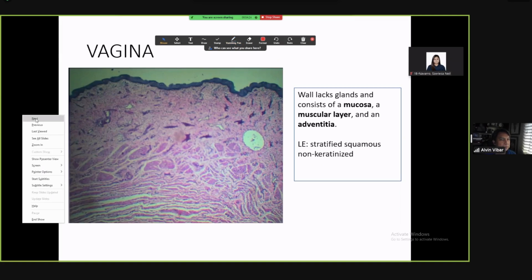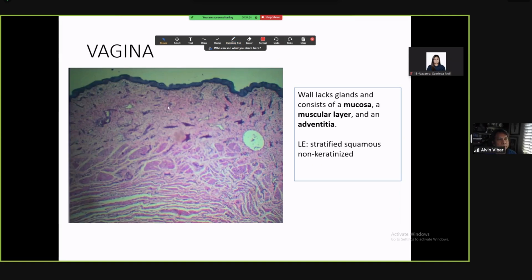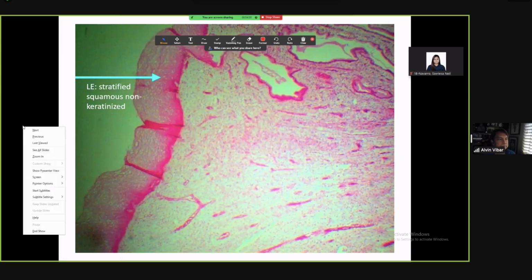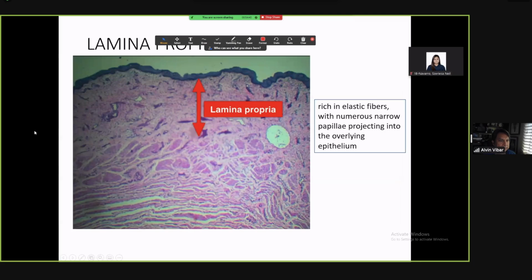Okay? So high power magnification again. This is the organ, vagina. The lining again is stratified squamous, non-keratinized. I think that will be the last slide. Okay. Still, the organ is vagina.